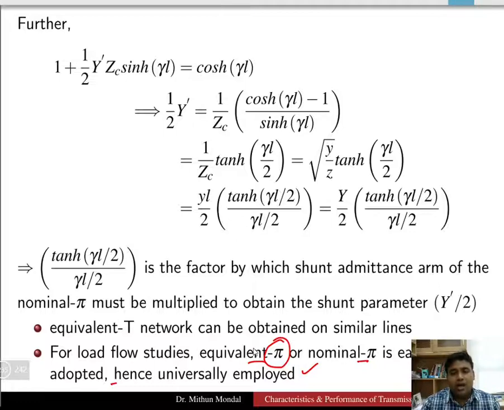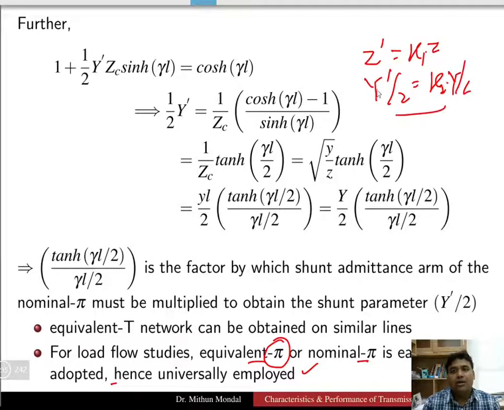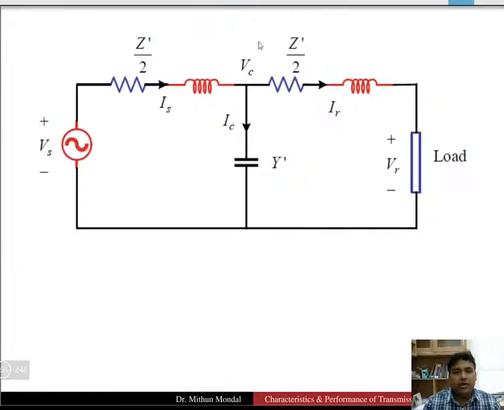Now we have seen how Z' is equal to K into Z, and Y'/2 is equal to K times Y/2 for a pi model. Similar things we are going to do for a T model.